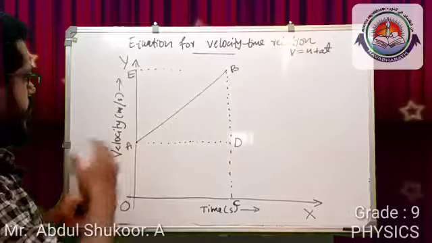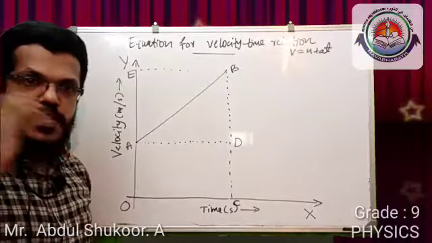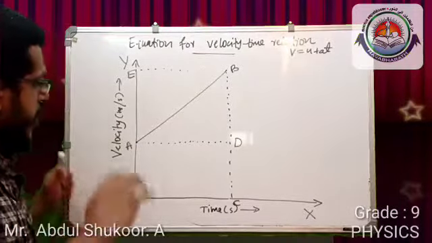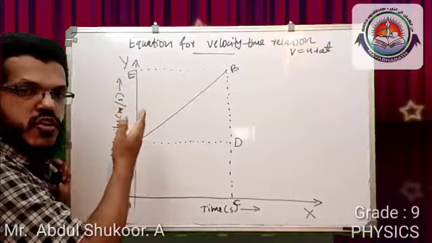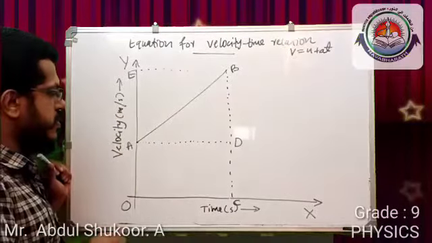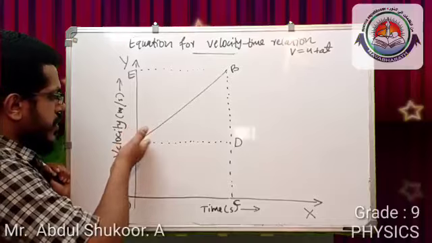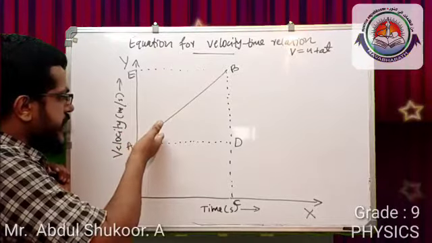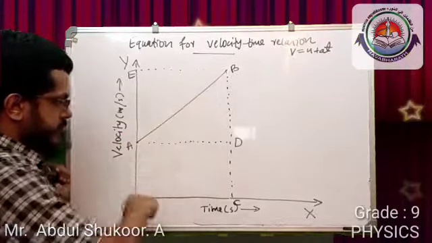Then which type of graph is this? This graph represents uniformly accelerated motion of a body, because here the graph is represented as a straight line with a slope.